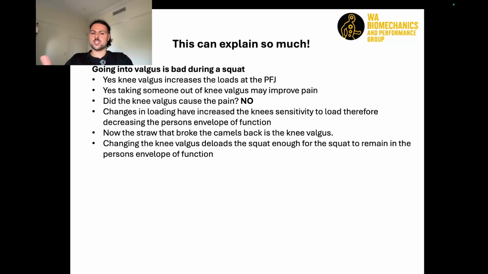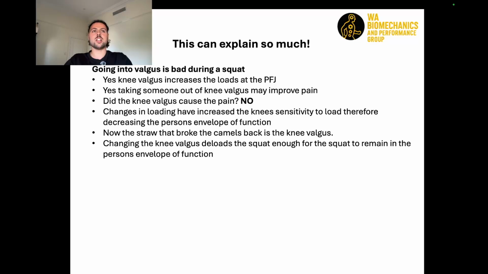And now if we use another example, knee valgus is bad during a squat. Okay, yes, knee valgus increases the loads at the patellofemoral joint, and yes, taking someone out of knee valgus might improve someone's pain, but did the knee valgus cause the pain? No, okay? Changes in loading have increased the knee's sensitivity to load.